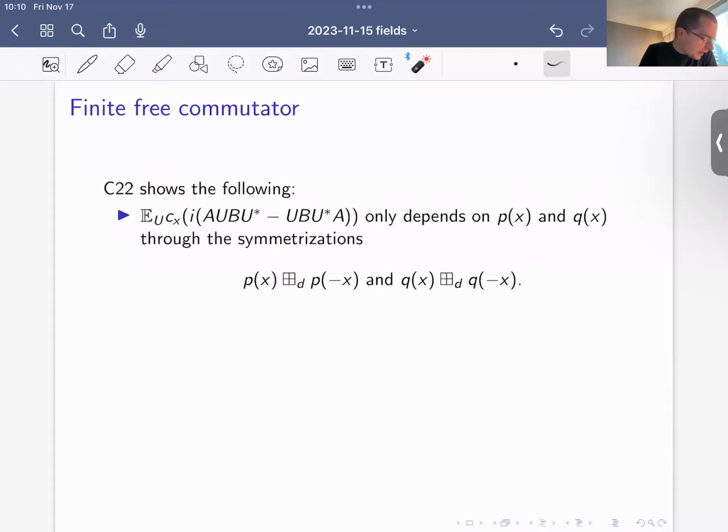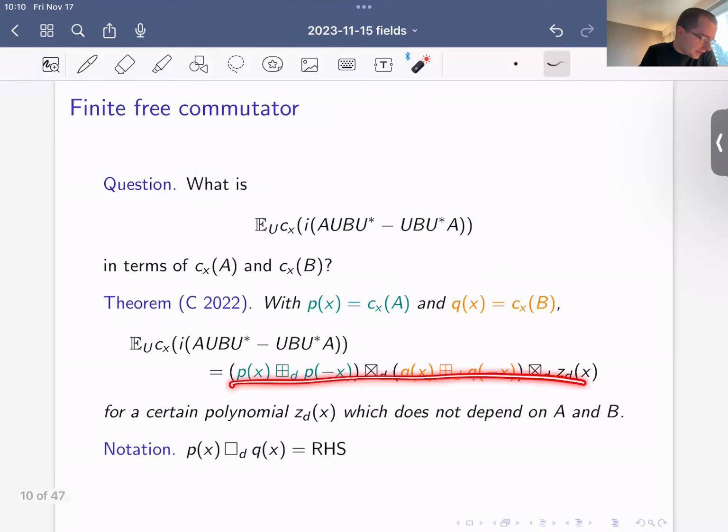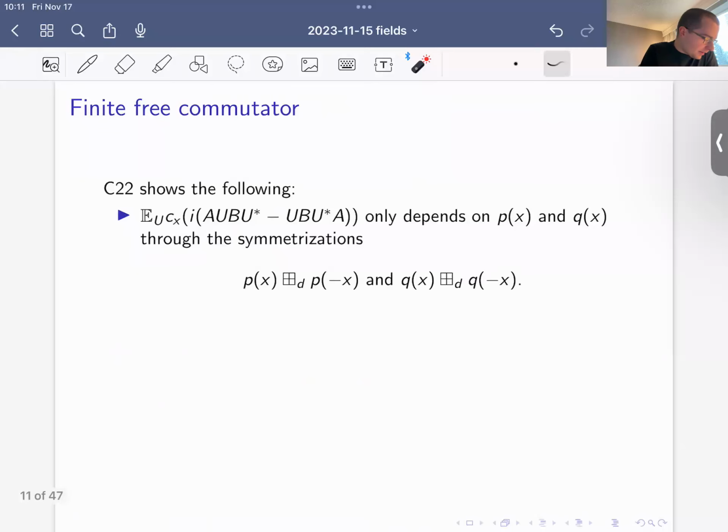But for now, I want to point out that, based on this result, this expected characteristic polynomial of the commutator only depends on P and Q through these expressions like P(x) plus P(-x), and then similar for Q. Basically this is a way of taking any polynomial P and getting rid of the odd coefficients.